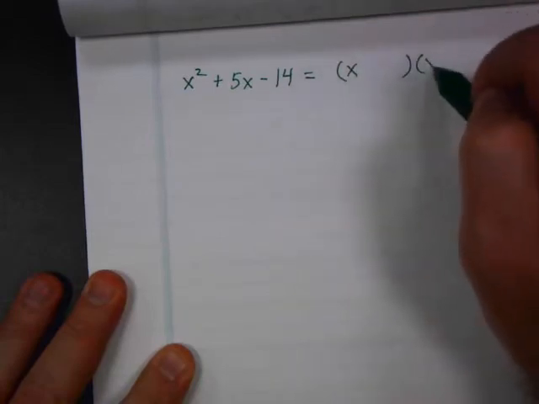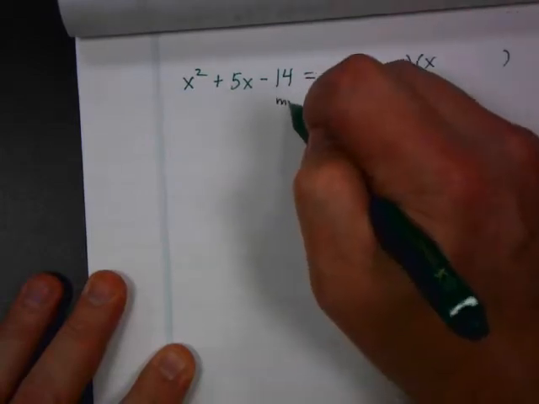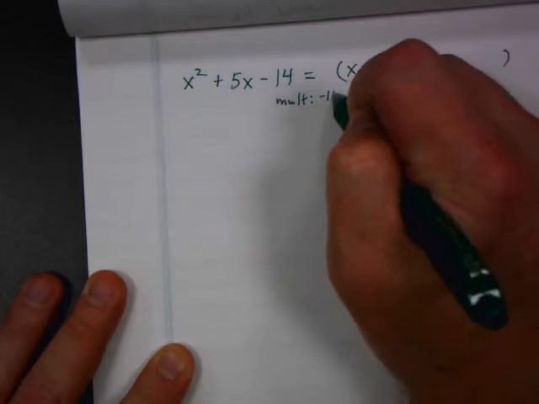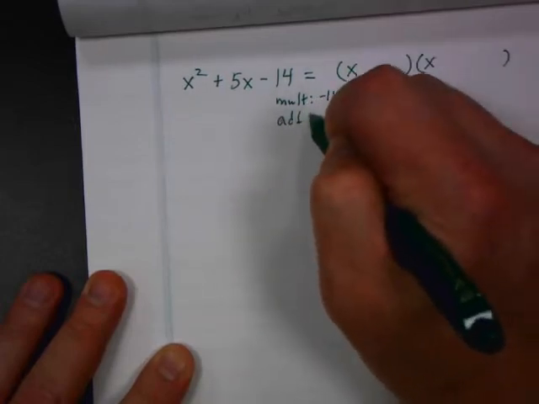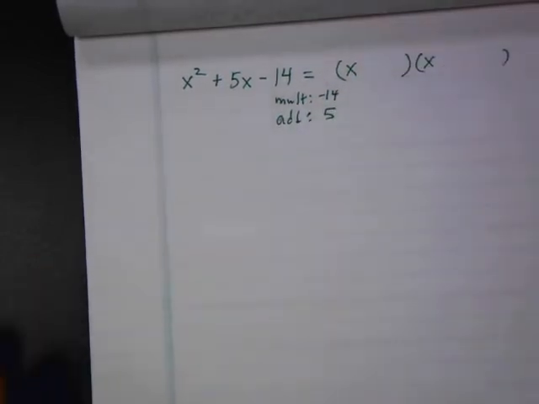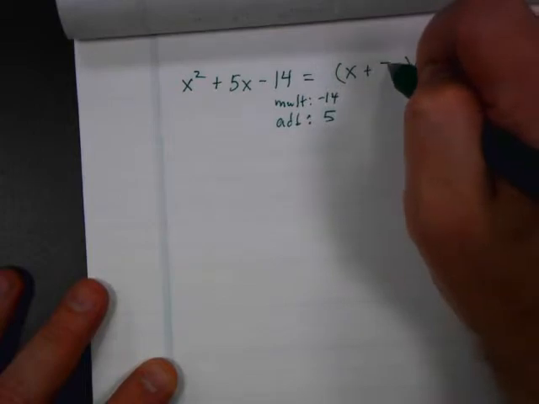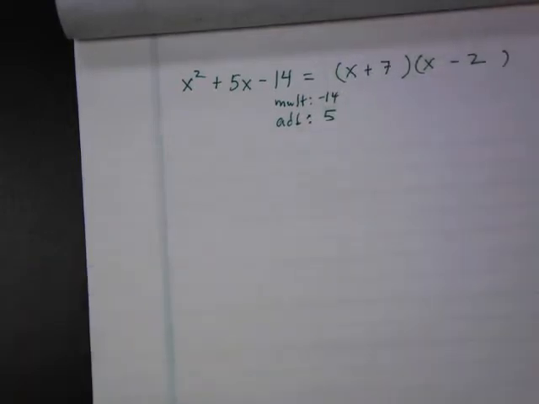This time I need to multiply to be negative 14 and add to be 5. Can you think of a couple of numbers that will multiply together to give you a negative 14 and add together to give you a positive 5? Positive 7, negative 2. Positive 7 and negative 2, I think, will fit the bill. I think that's exactly correct.